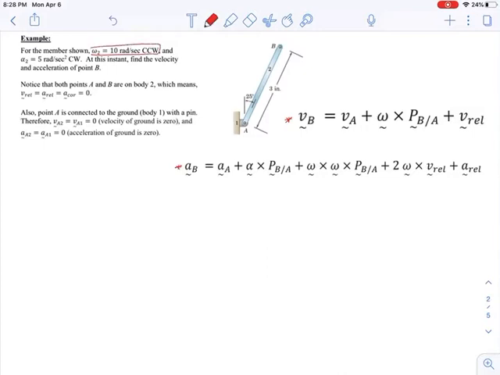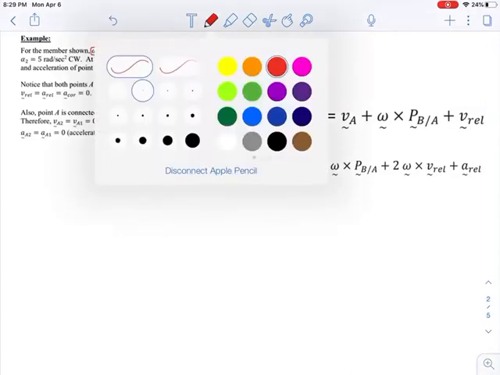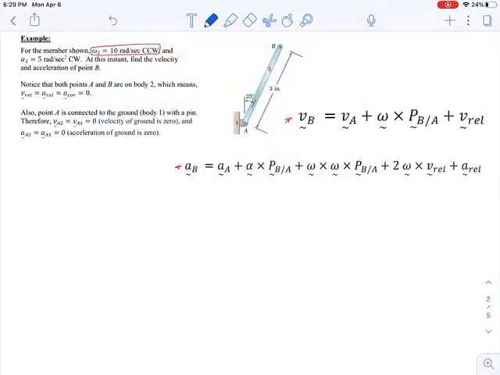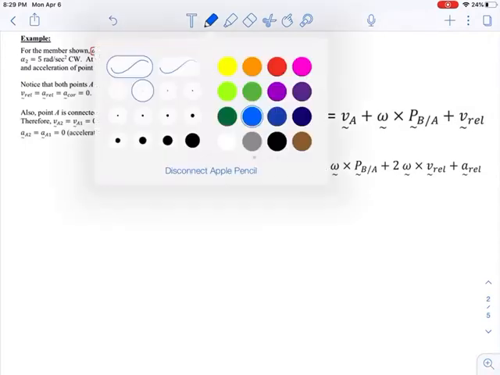the angular velocity is counterclockwise, which means, again, say we have some reference angle here, the W angular velocity is going that way, and we can note that this is going to be on the XY plane.